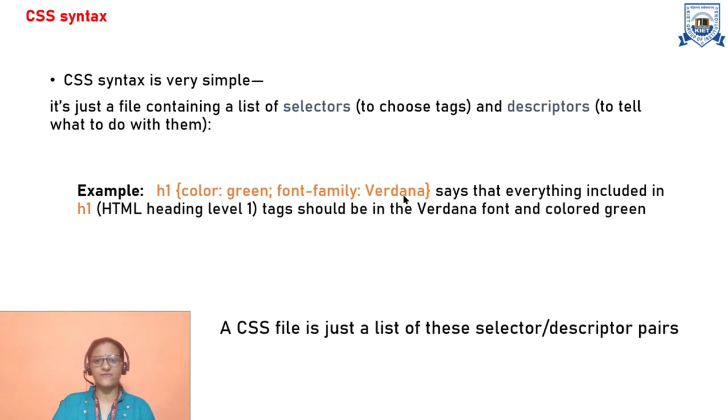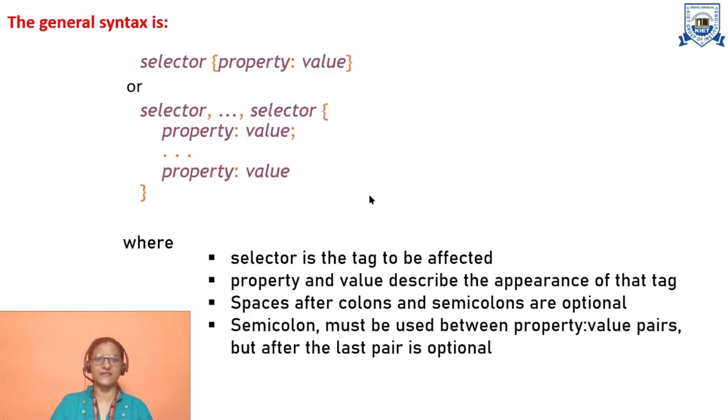Font family will be Verdana. What does it say? That everything included in H1, means HTML heading level 1 tag, should be in the font Verdana and its color will be green. So a CSS file is just a list of these selector and descriptor pairs.